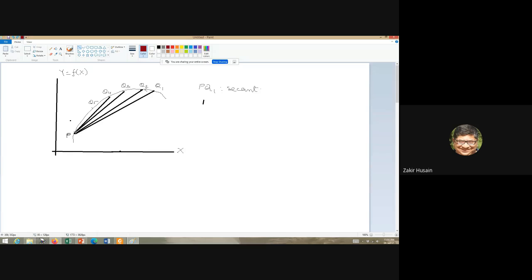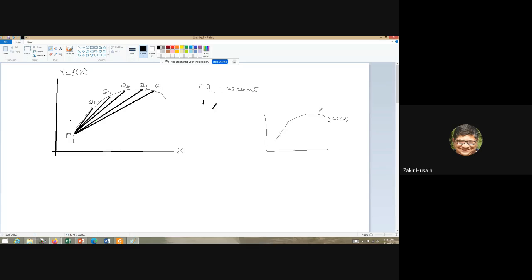Sir, how will you define a secant? A secant is this: you have a function, you draw the function over here. This is y as a function of x.